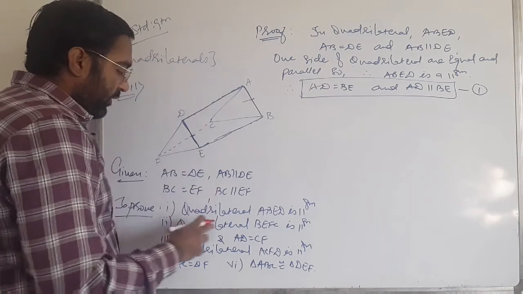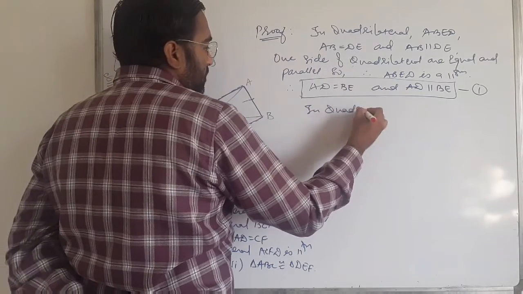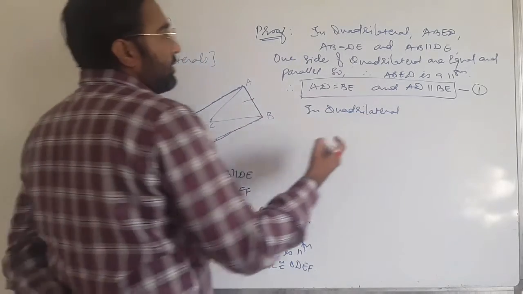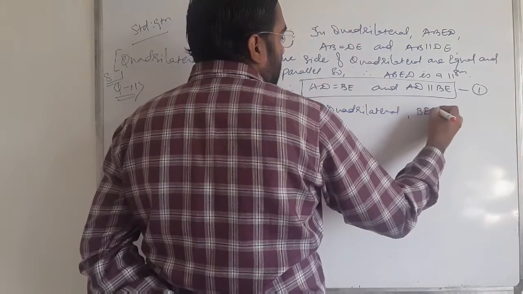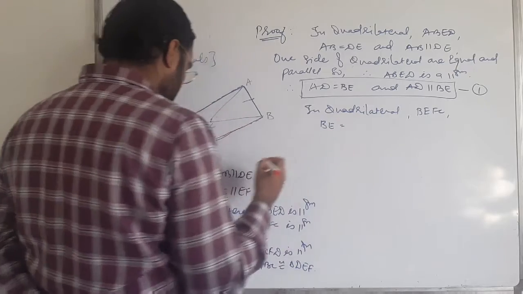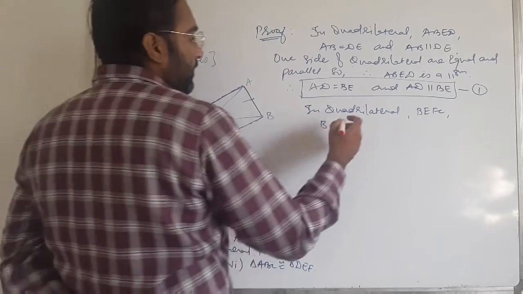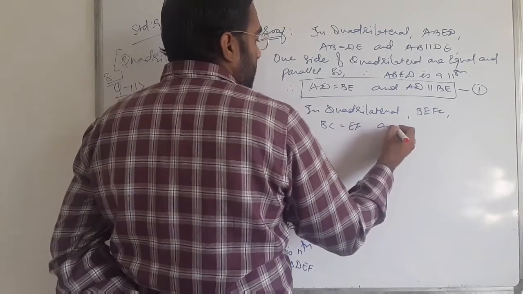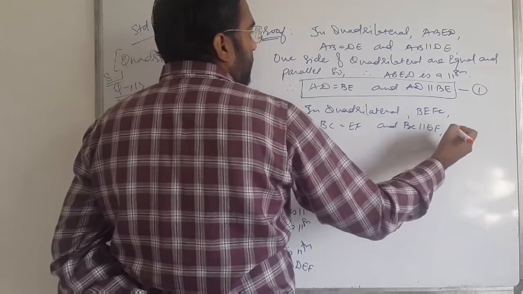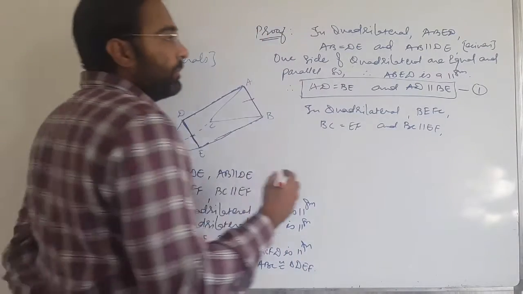Okay. Now we move to the second one. In quadrilateral BEFC, BC is equal to EF and BC is parallel to EF, that is given.